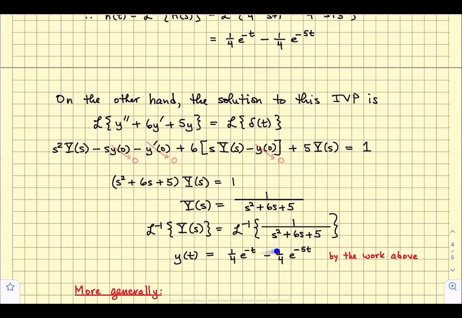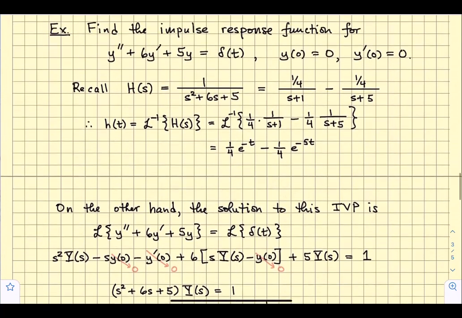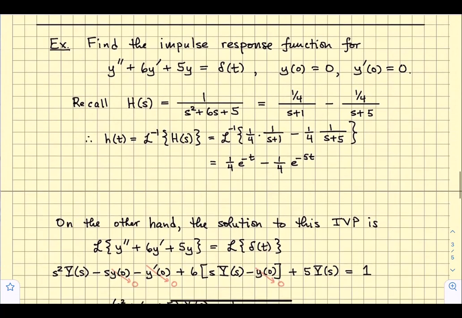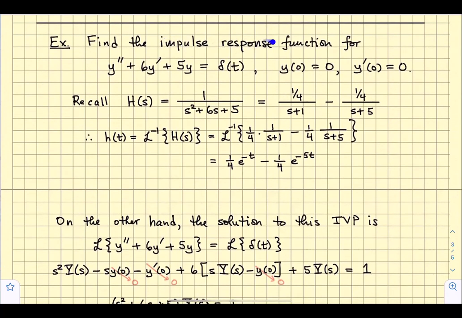So the inverse transform of this is this. And so what's going on here? I did this to show you why, and I never explained this in the previous section: why do we call this the impulse response function? Why did we ever call it an impulse response function?